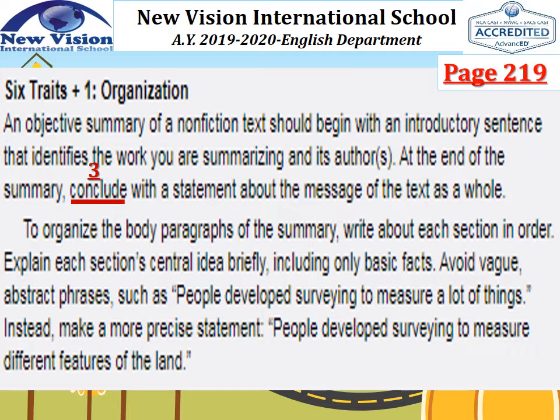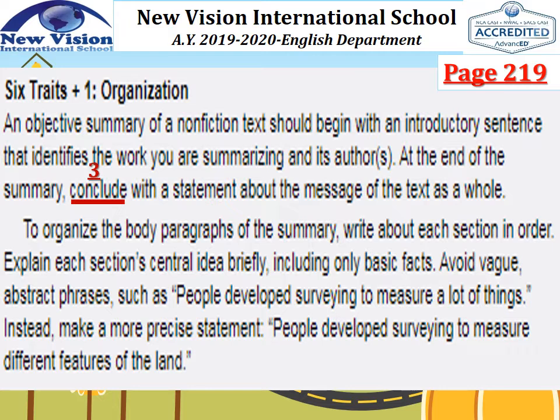In the body of the summary, write about each section in order. Take note of the word order, their arrangement or sequence. Explain each section's central idea briefly or short, including only basic facts.